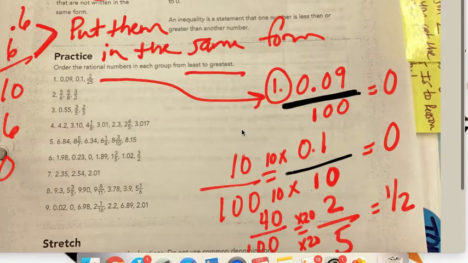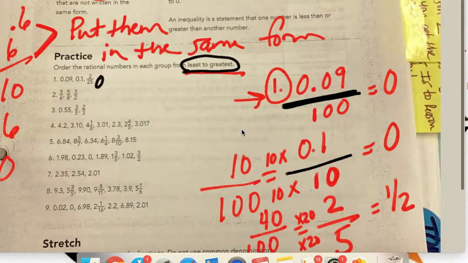So when I go to rewrite them, you have to make sure that you put them back in the original form. So I would label the 9 over 100 as my smallest. So I'm going least to greatest. Don't forget to always pay attention to that.